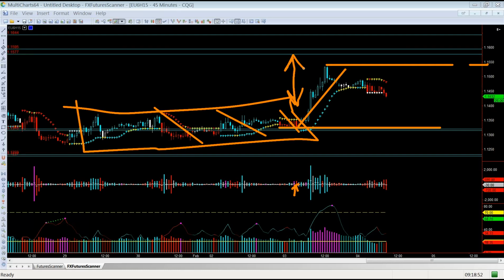Do y'all understand that? And in honesty, if you want to see a sweet spot, it's probably here to here right now.